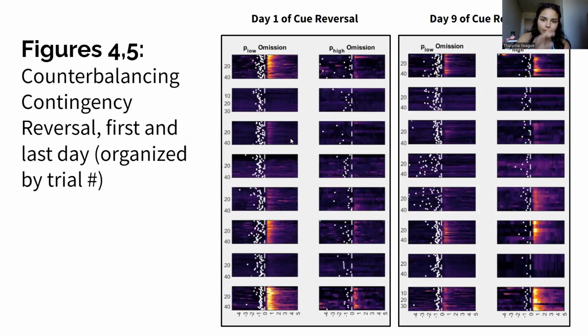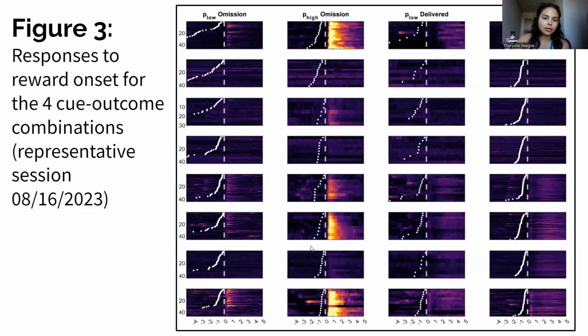So this is also looking at reversal. We also switched the cue contingencies for each individual animal. So what we're looking at here that says P low omission is the now low probability cue and then the omission following it, but it's the original high probability. And so if it's day one of cue reversal, before this learning has happened, it looks more similar to the original P high omission pattern.